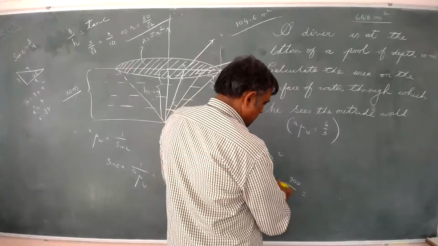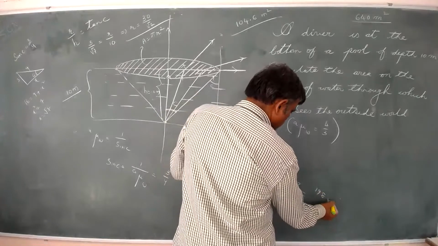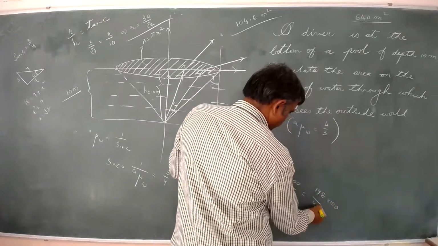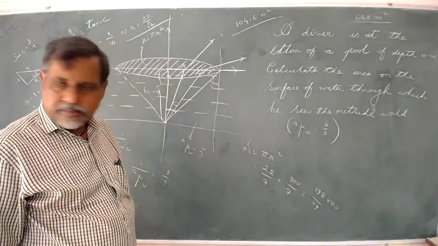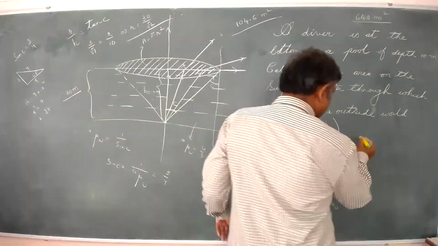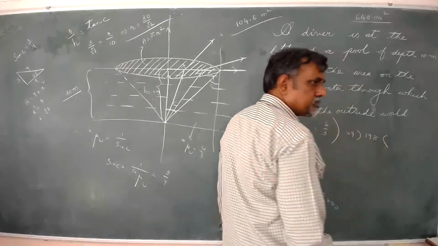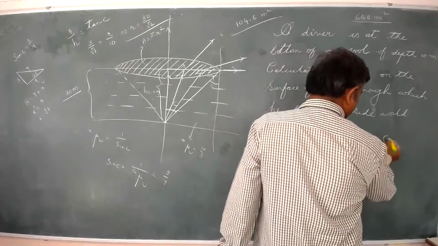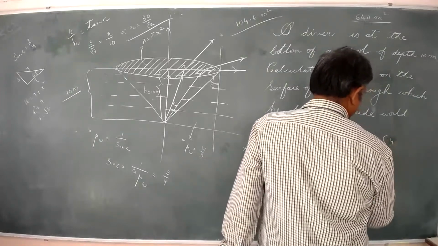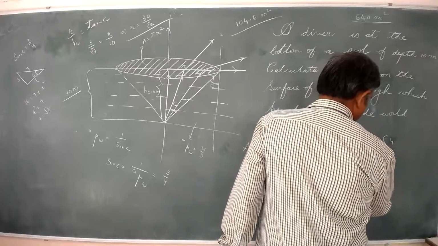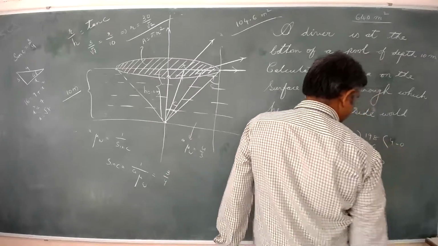So this is 49, into 100 by 49. Okay, so let's divide this. 198 by 49. So how many times? 4 times. Again 0, 0.